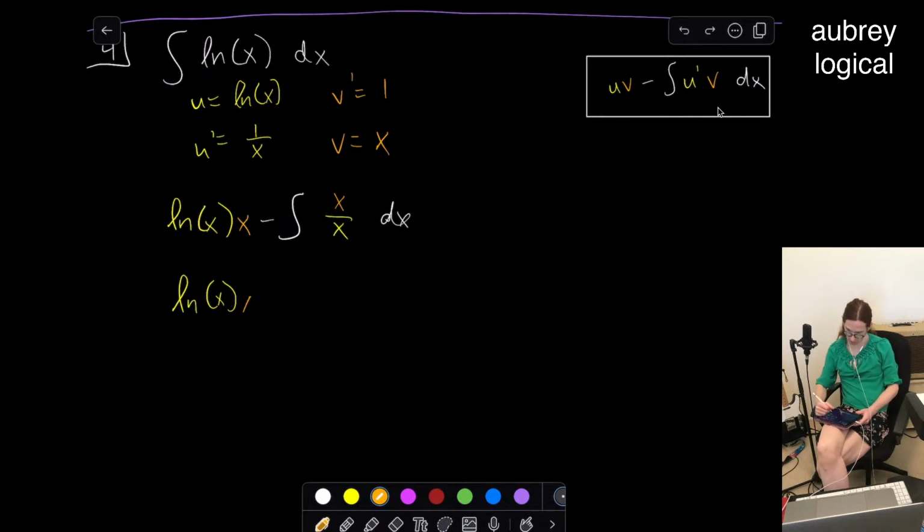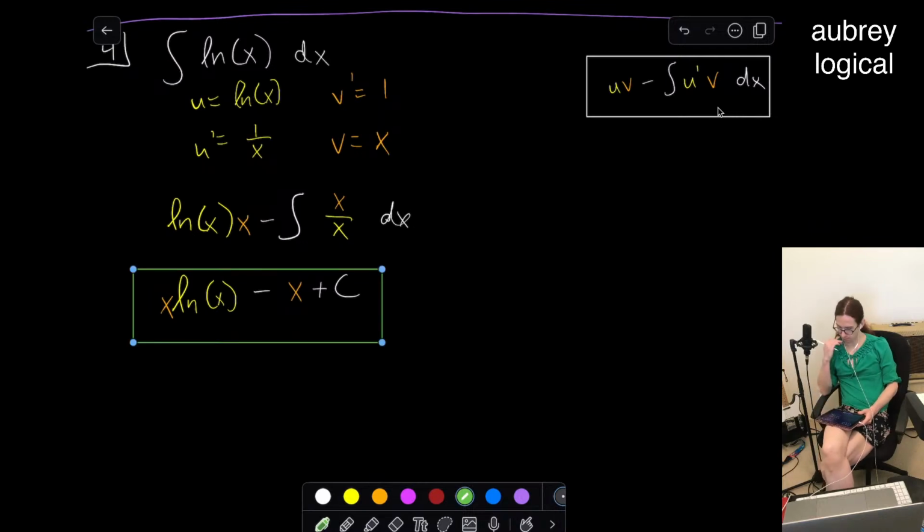Let's write this x over here. The antiderivative of 1 is just going to be x. Moving on.